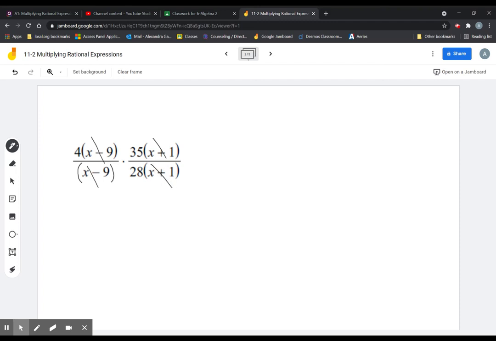Yay. Now we're looking at our numbers here. So does 4 cancel with any value in the denominator? It looks like yes, 4 and 28 have a common factor of 4. So I divide by 4, divide by 4. I get 1 here and 7 here.